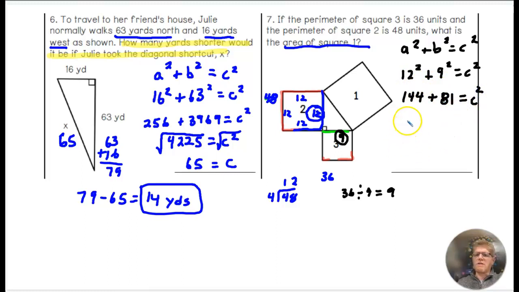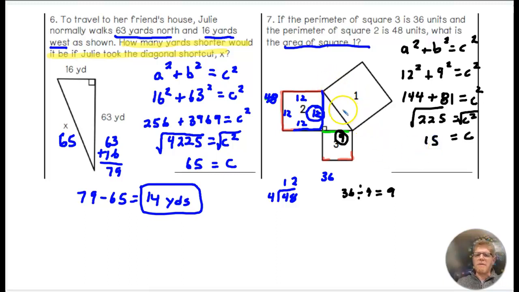And that's all equal to c squared. So 144 plus 81 is 225, I think. 225 is equal to c squared. And you might be able to figure that out in your head. The square root of 225 is 15.